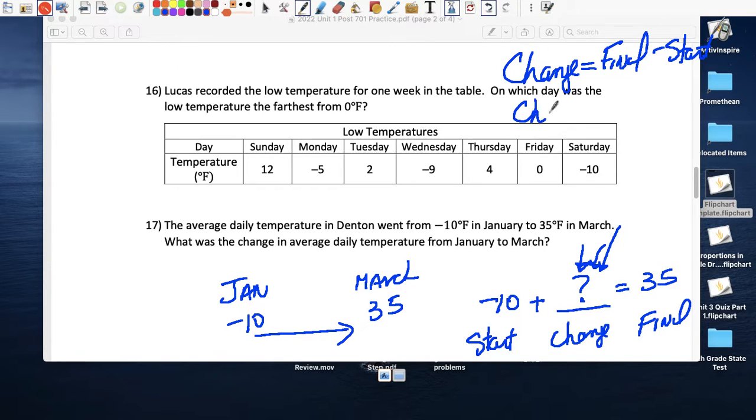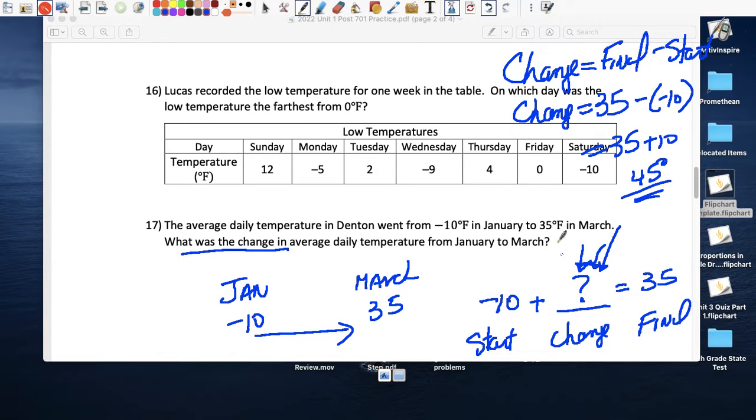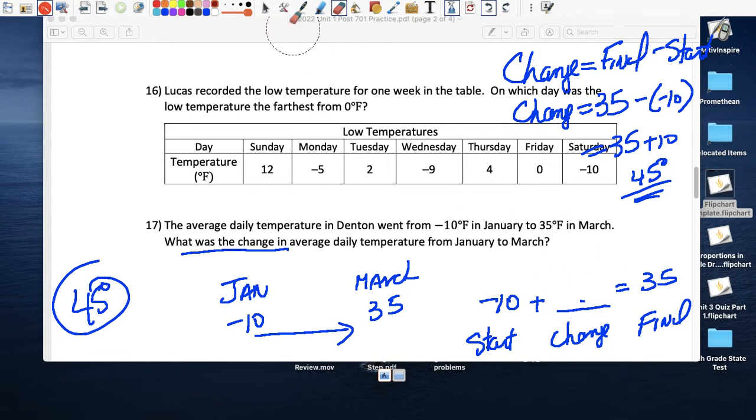So change equals final, which is 35, minus negative 10, and we get 35 plus 10, which gives me 45. So what was the change? The change was 45 degrees. And that makes sense, right? So negative 10 plus 45 is 35. Is that true? Yeah, it is.